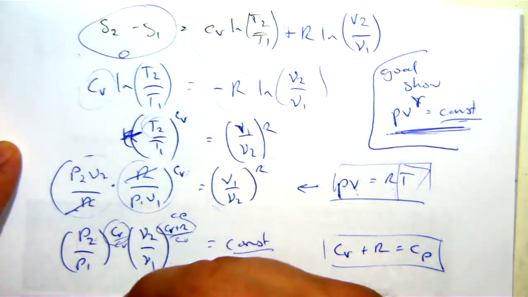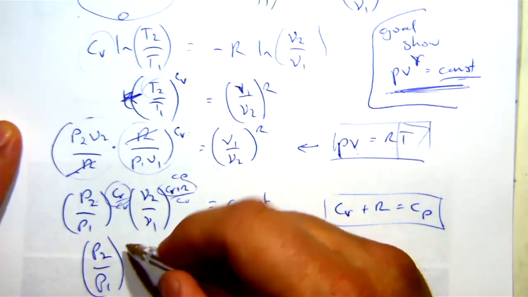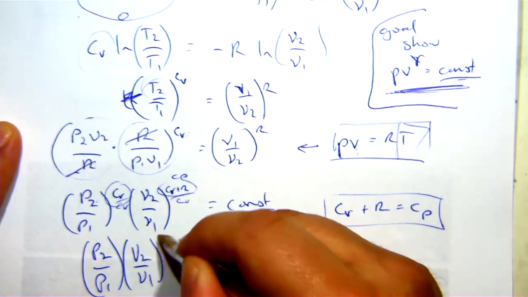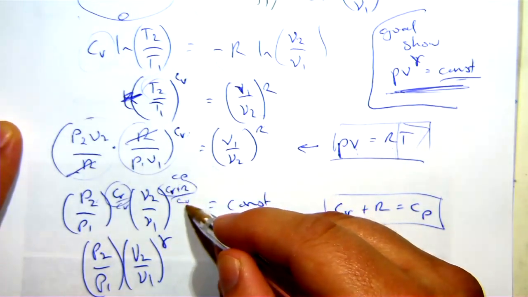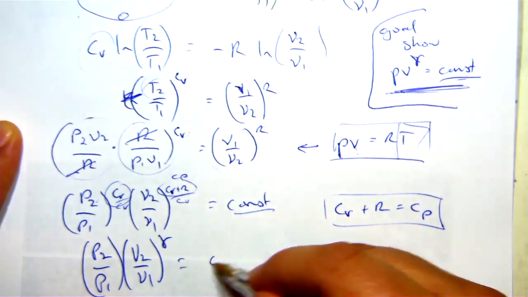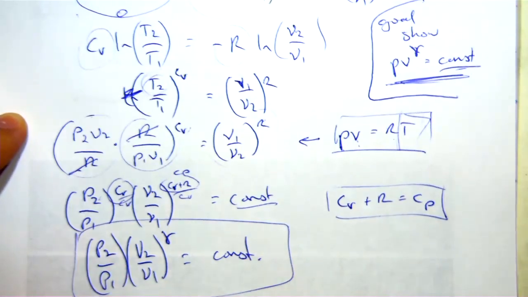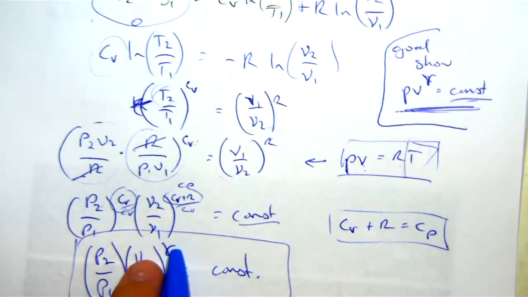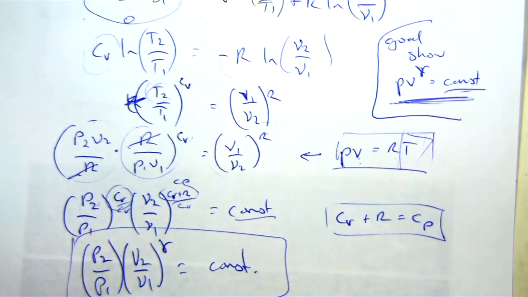So what I get now is P2 on P1, V2 on V1 to the gamma, this was the CP on CV, is gamma now equals a constant. Which is the same as saying P2 V2 to the gamma is a constant, or P1 V1 to the gamma is a constant, or just PV to the gamma is a constant.